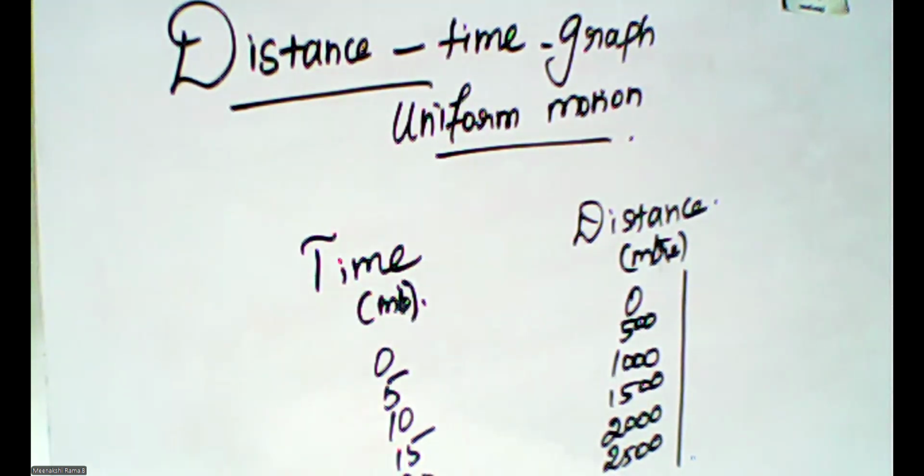The uniform motion. What is the meaning of uniform motion? Yes, uniform motion means we maintain the distance as well as the time, both in the same manner. There is no difference in this area.